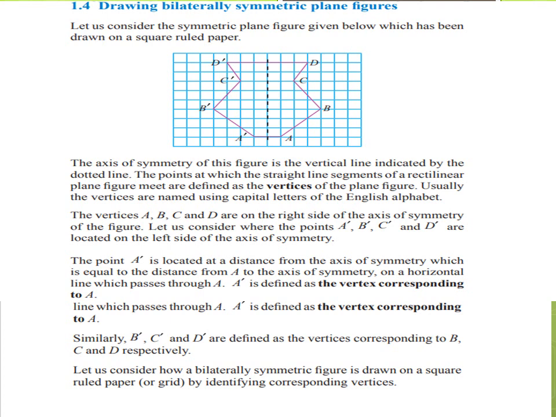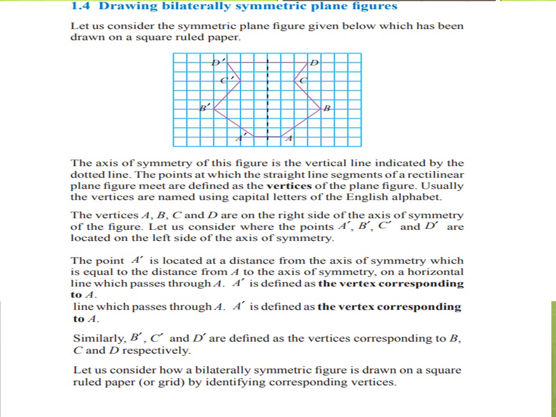The point A is located at a distance from the axis of symmetry, which is equal to the distance from A' to the axis of symmetry on a horizontal line which passes through A. A with the comma on the top is defined as the vertex corresponding to A.